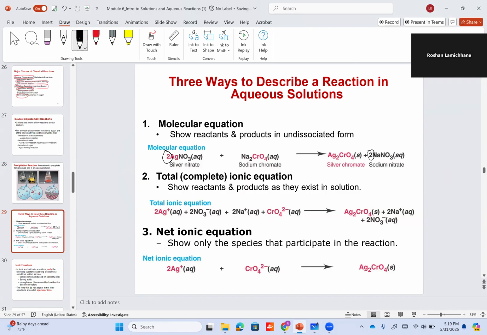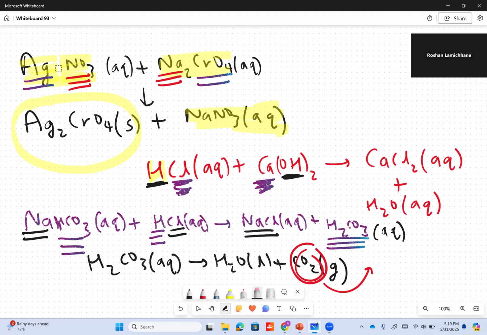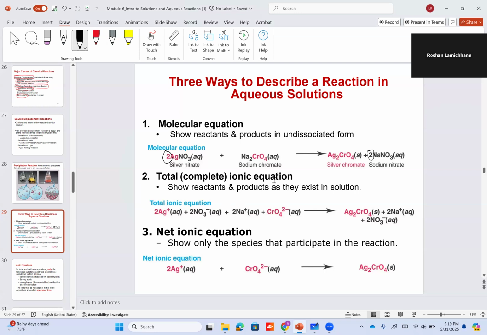Now the next one is called the total or complete ionic equation. If I take this reaction and break the soluble salts apart, or dissociate them, into their cations and anions, and show it that way, we call that the total or complete ionic equation. For example, silver nitrate breaks apart into Ag plus and nitrate ion.